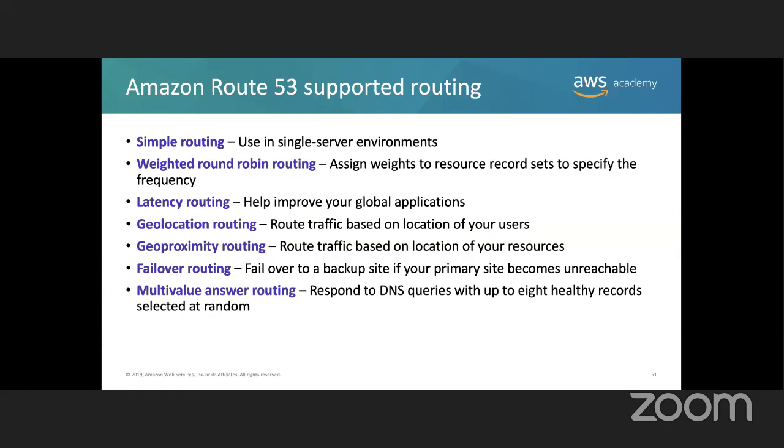Geolocation routing routes the traffic based on the location of your users. Say that your users are in Japan, so the traffic will be moved to the Japan users using another service, which is CloudFront. So Amazon Route 53 and CloudFront work in conjunction.